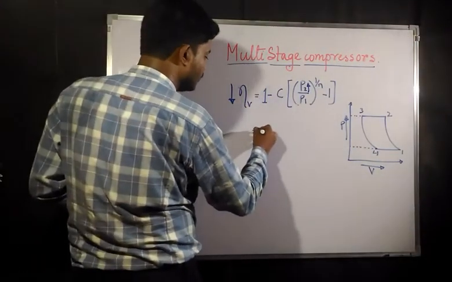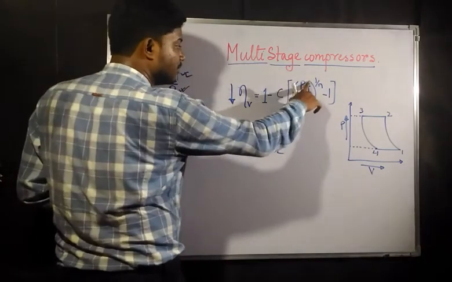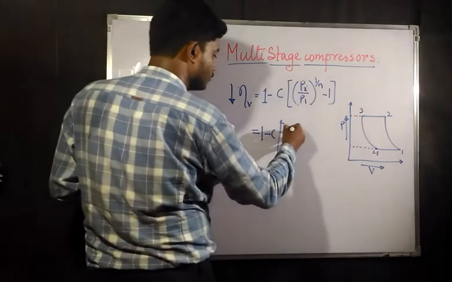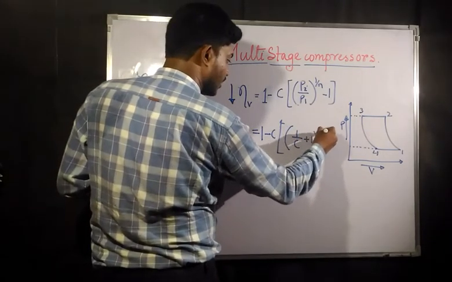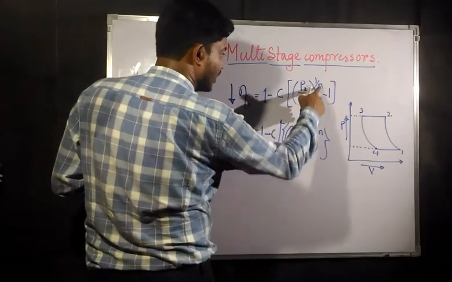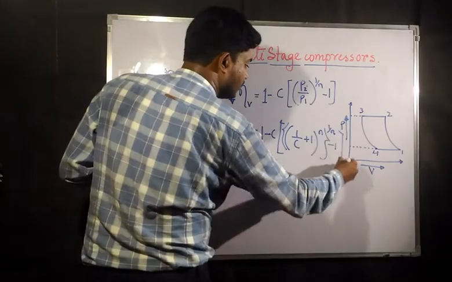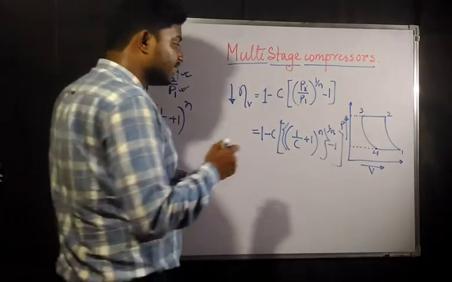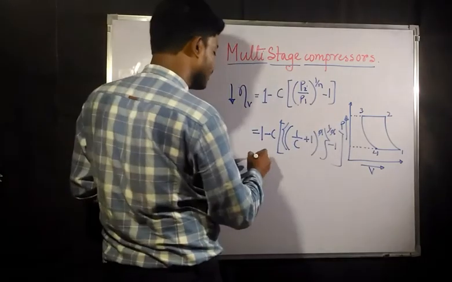Now if you put this value in place of P2 by P1, what do we get? This is (1 by C plus 1) whole to the power n, and there is another power 1 by n, minus 1. Now the n to the power 1 by n gets cancelled out.